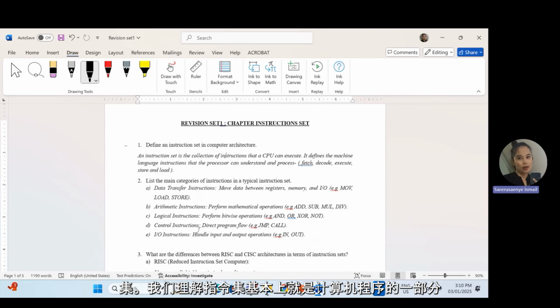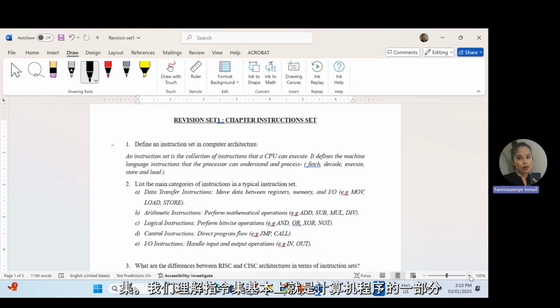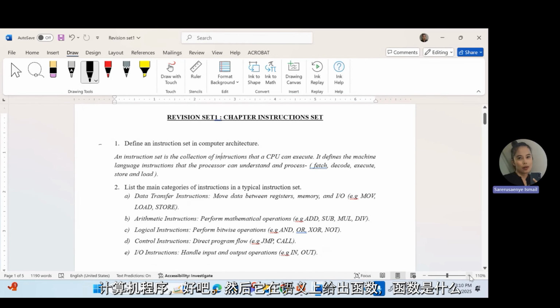We understand that an instruction set is a piece of a computer program, giving semantically the functions. What are the functions? Fetch, decode, execute, store, and load. Any of the instructions will be processed between our main memory and our processors to be executed, I mean the CPU units.